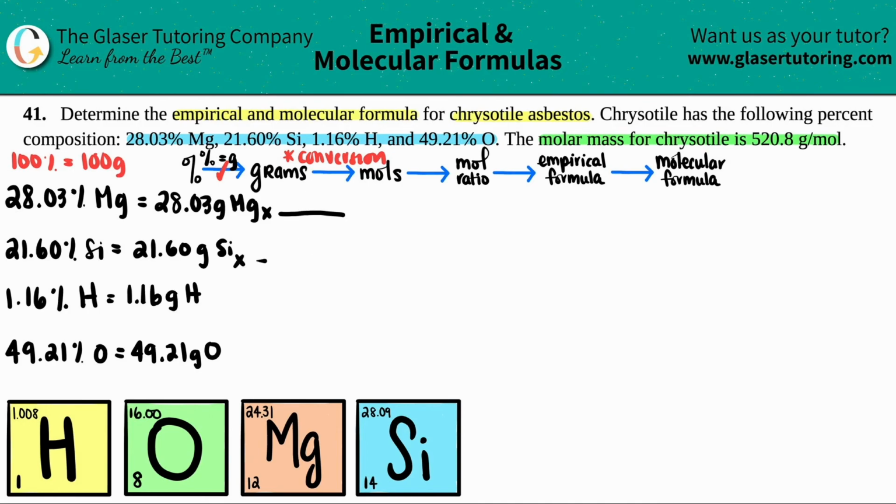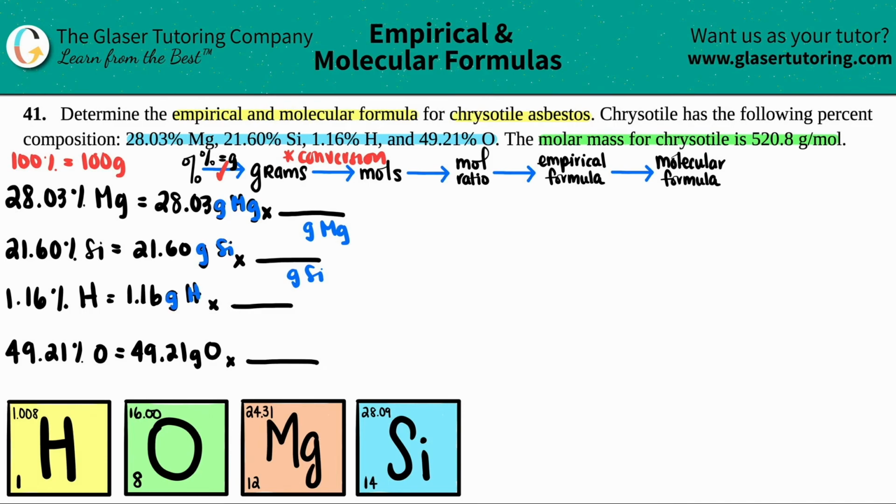I'm going to set that up for all 4 of these. And I like to cross out units first. Remember, the unit that you don't want, that's why we're doing this conversion, goes on the opposite side. So grams of magnesium go on the bottom. Grams of silicon go on the bottom.